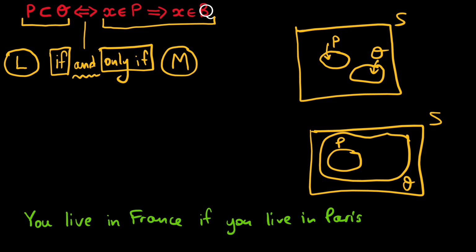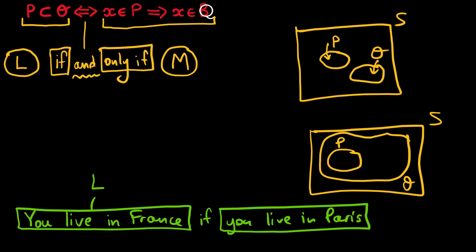You live in France is a Boolean expression here, and you live in Paris is another Boolean expression, denoted one on the left by L, one on the right by M, and there's an if in there, right?